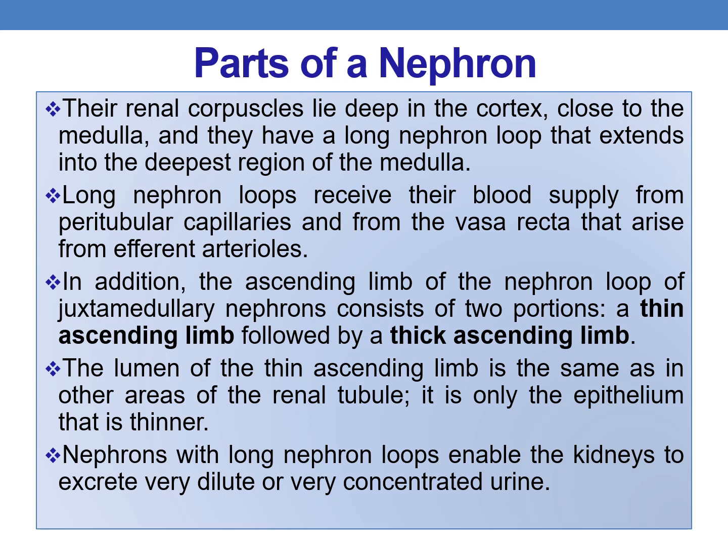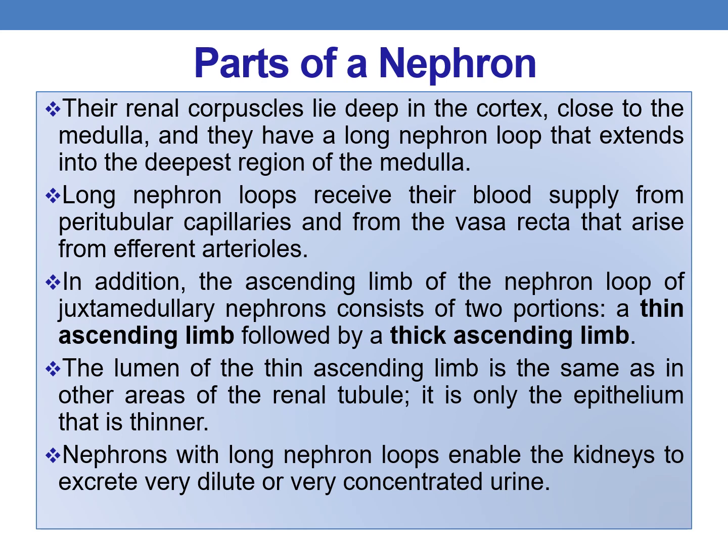The long nephron loops receive their blood supply from the peritubular capillaries and from the vasa recta that arise from the efferent arterioles.